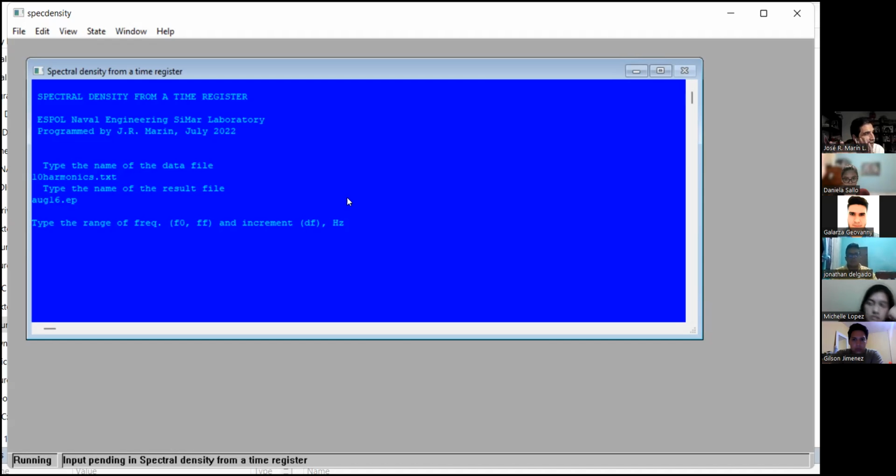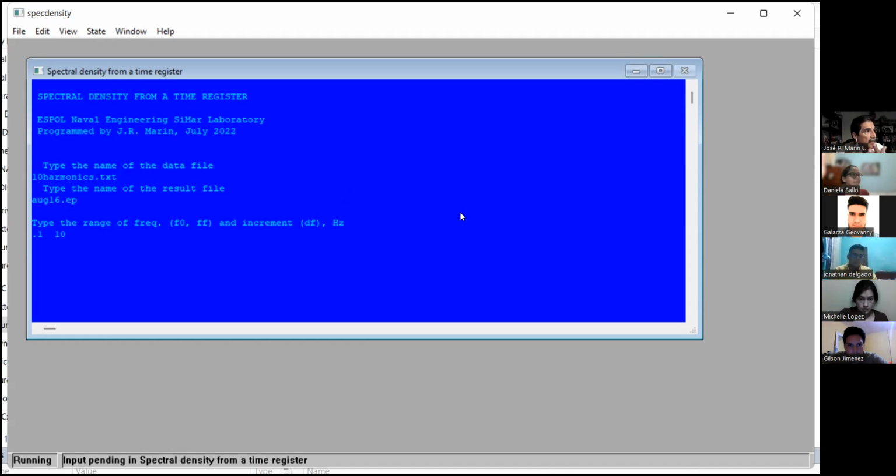I think it was between 1 and 10, but I'm not sure. In this case, I have a different range. So I started with a very low frequency, for example, 1.1 hertz. Clearly here you have the units. Let's go up to, for example, 10 hertz.